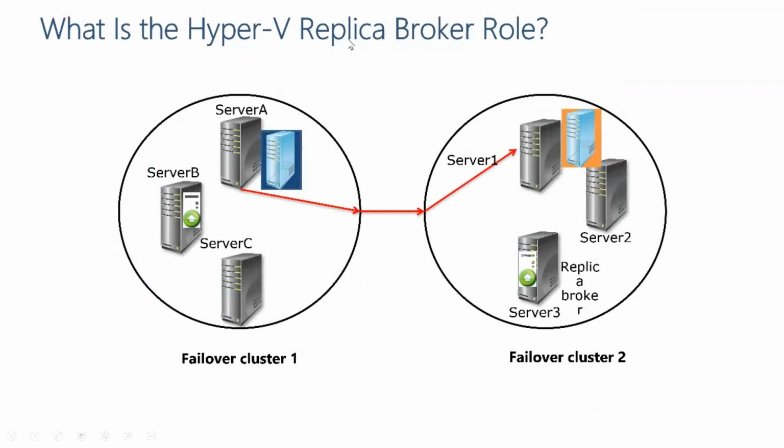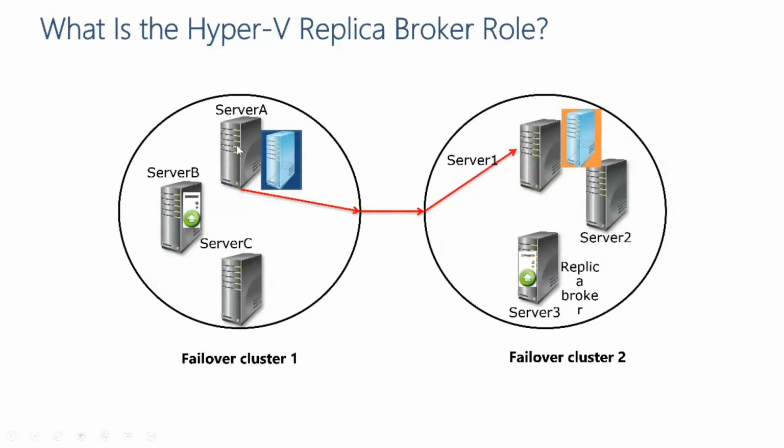What about replicas? Remember last week we talked about replication? So if we've got two failover clusters, failover cluster 1 and failover cluster 2, we have a virtual machine that can be failed over to the other nodes. But can we include a replica as well?